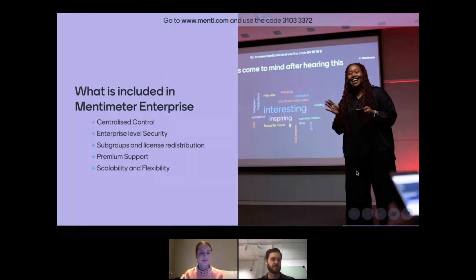You have the subgroups and groups functionality to manage your workspace better, and a lot of tools to distribute licenses internally with SSO and SCIM and so forth. And then we have premium support. As an enterprise customer, you get access to an internal customer success manager and a relationship manager who can help you with any questions or support you need with Mentimeter. Mentimeter Enterprise is the option to provide a very scalable and flexible Mentimeter experience to easily add on more licenses and grow your Mentimeter usage internally.